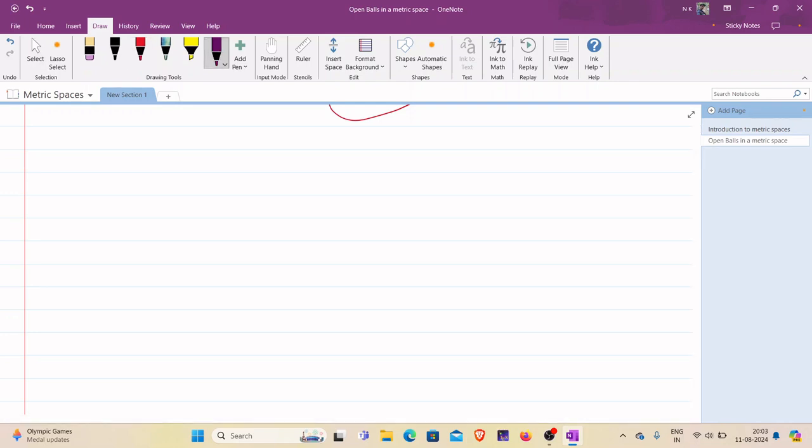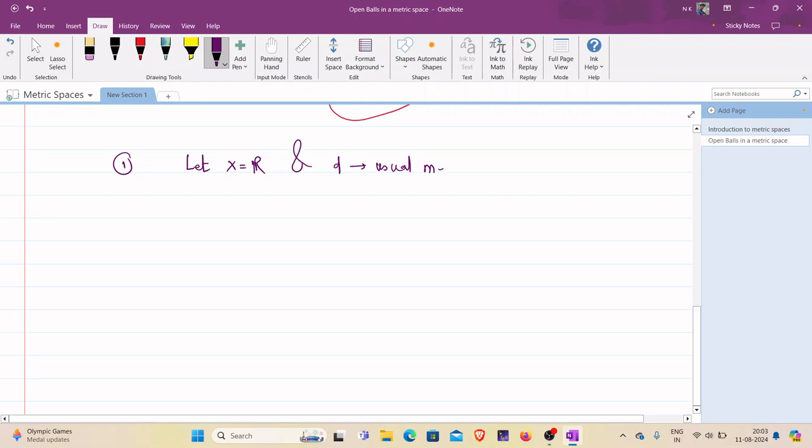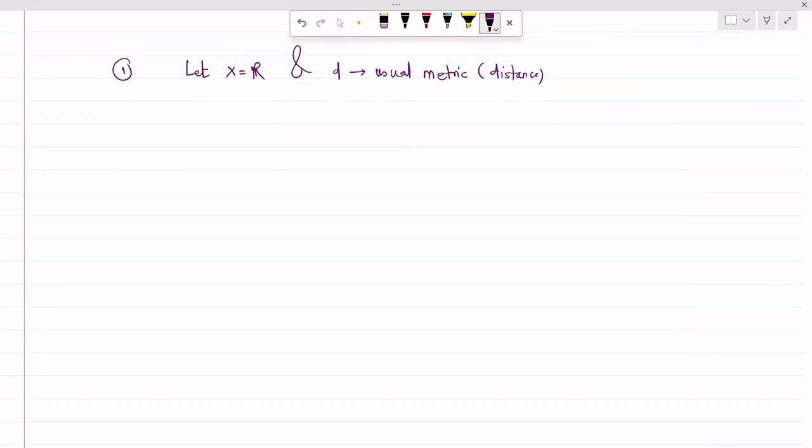First of all, we will take an example of real numbers. Let X equal to real numbers and d be the usual metric on R, that is the usual distance. Now I want to show how open balls of R look like.